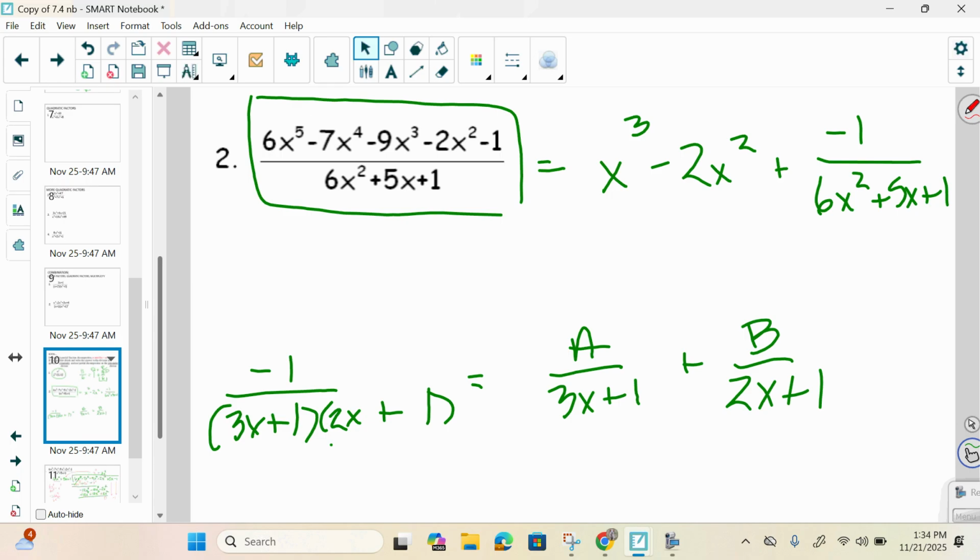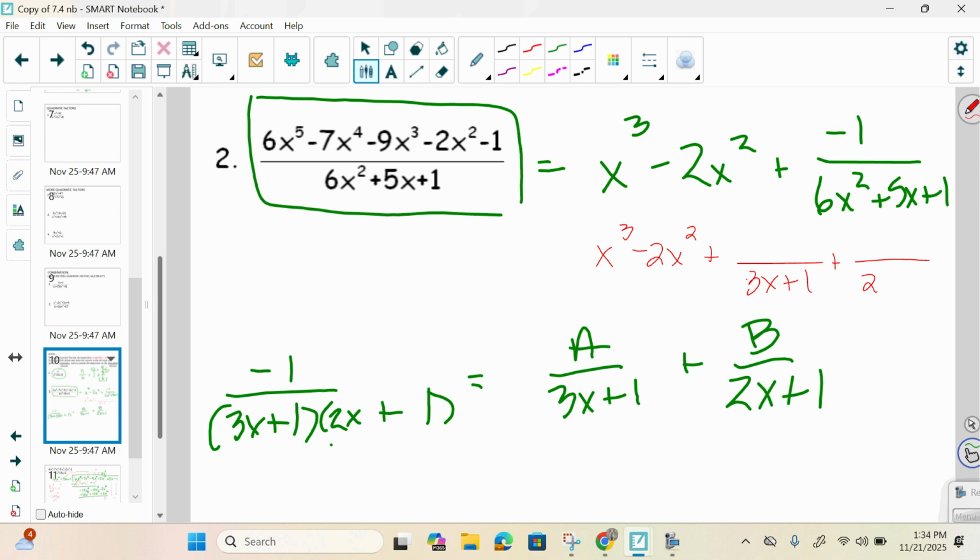If I give it to you as a division one, I won't make the denominator too hard. This is the only extra step on this one, the division.